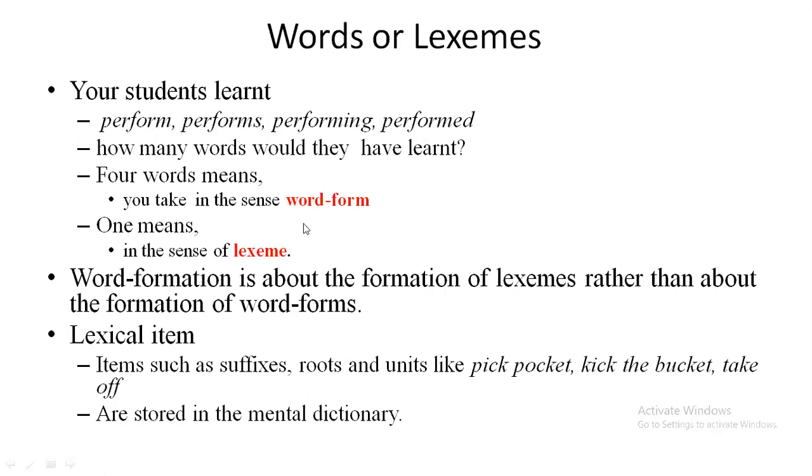And if you say lexemes, right? One lexeme. If you say it has only one concept, then it is lexeme. It has one lexeme, that is perform, right? But it has four words. There are 4 words.